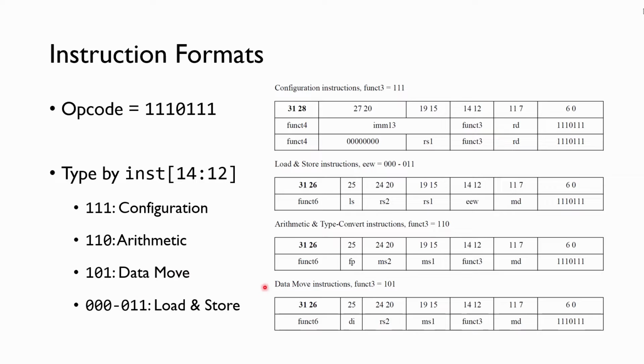They are specially used in the following VMV extension. 000, 001 includes load and store instructions, and the value represents the element width of load store.